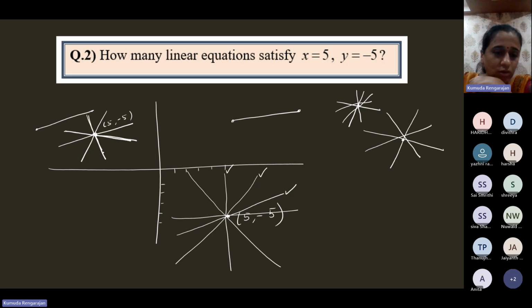It lies on this line also. It lies on this line. Since there are infinitely many lines passing through this point, it lies on infinitely many lines. If a point lies on a line, then that point will satisfy the equation that line is given by.